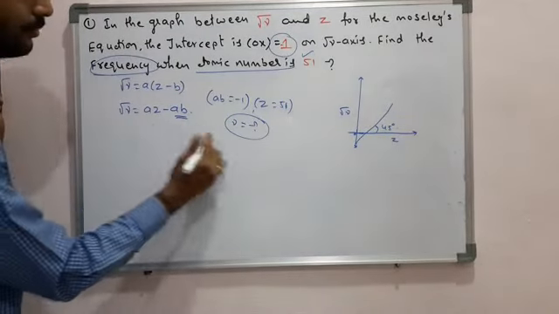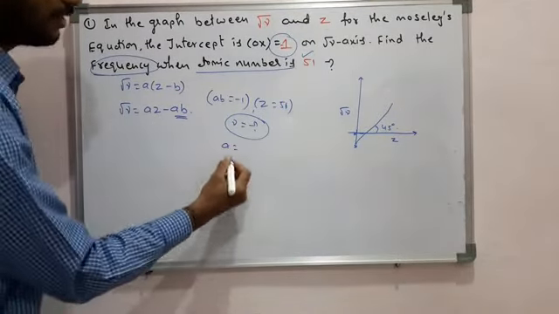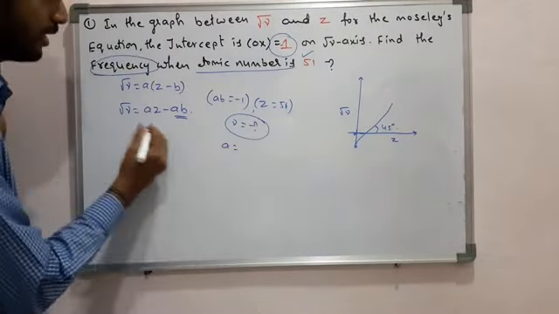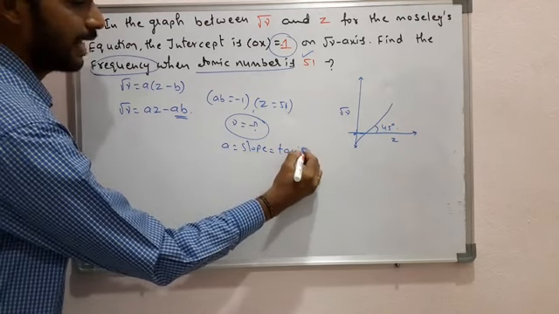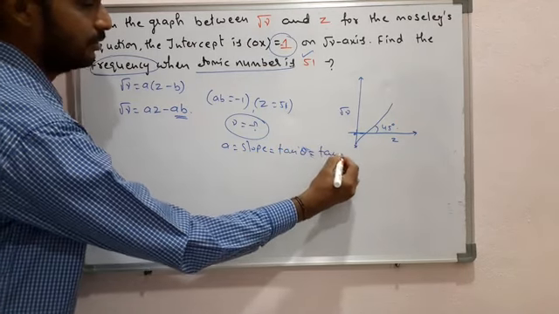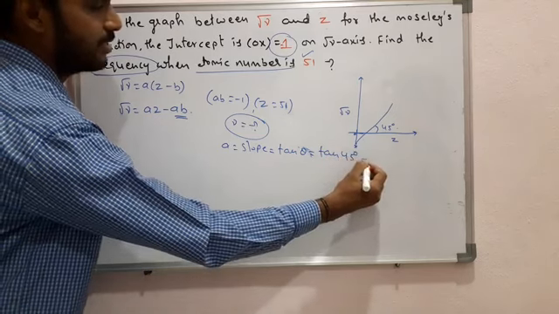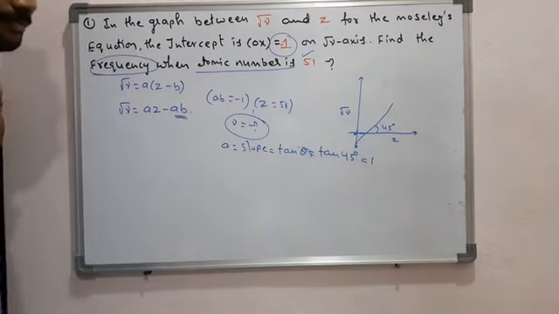So what is A? We know that A is equal to the slope. Slope is always taken as tan theta, which is equal to tan 45 degrees, that is equal to 1.